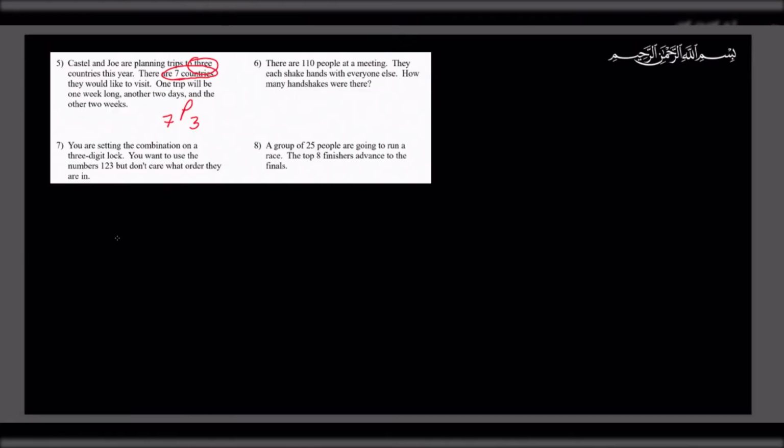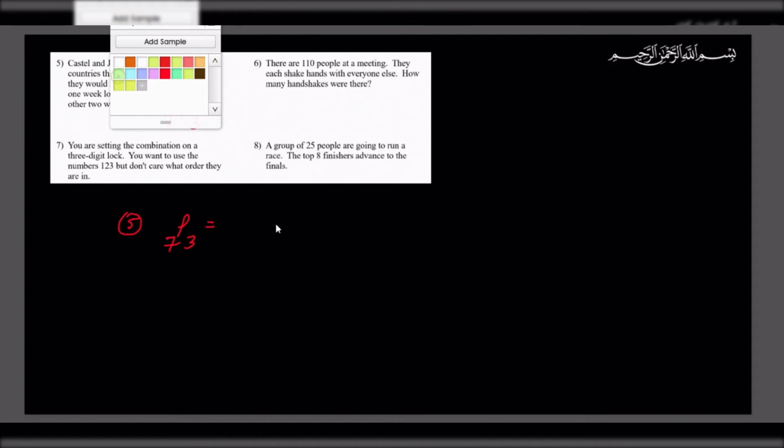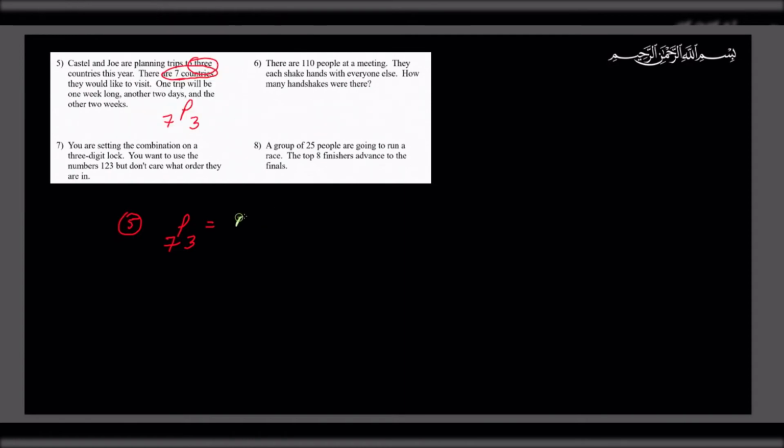But we can set this question up. Let me set number 5 over here. All right. So this is permutation of 7, choose 3. Now, just for practice, I like to write the formulas down every time I'm doing one of these questions. The permutation formula is n factorial over n minus r factorial. So this is going to be 7 factorial over 7 minus 3 factorial, right?